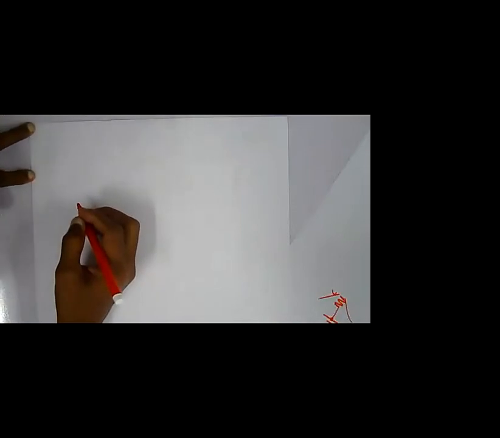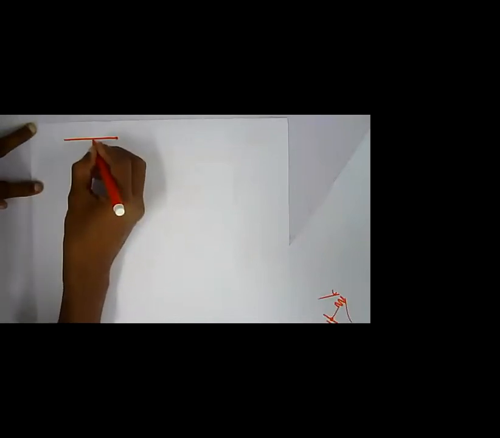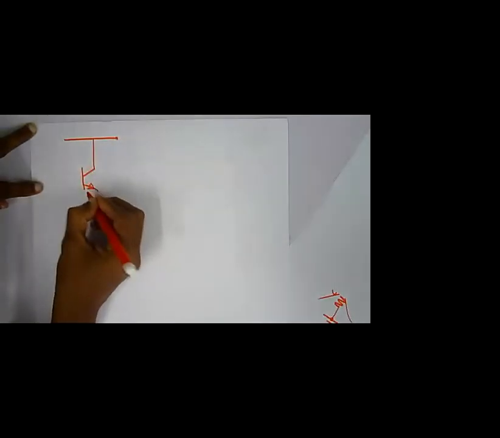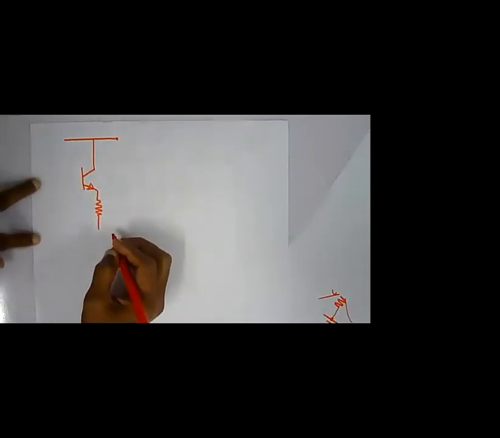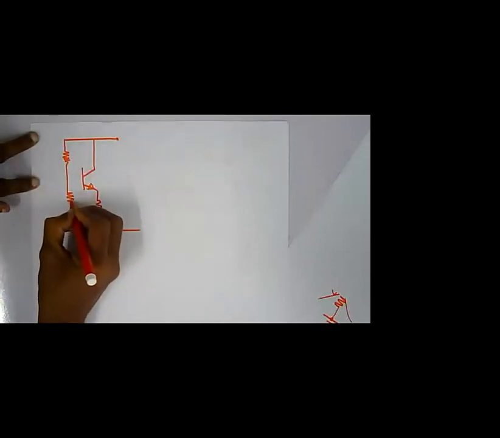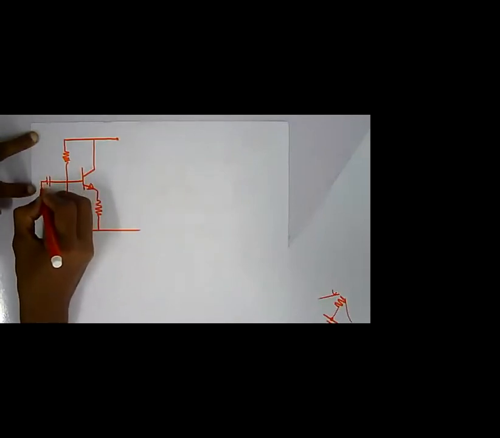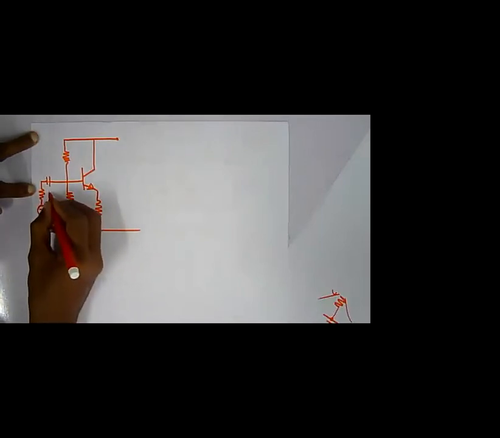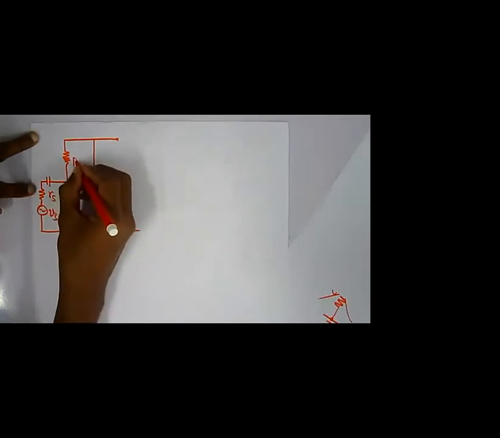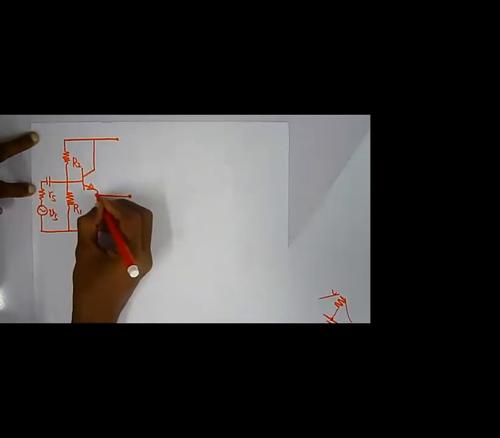Right. So now let's see a common collector transistor amplifier. Right. So I'll draw a common collector transistor amplifier first, right? So this will be directly, right? Of course, there will be capacitors, Vs, Rs, R1, R2, Re, and then I will have my output across the emitter terminal, right?